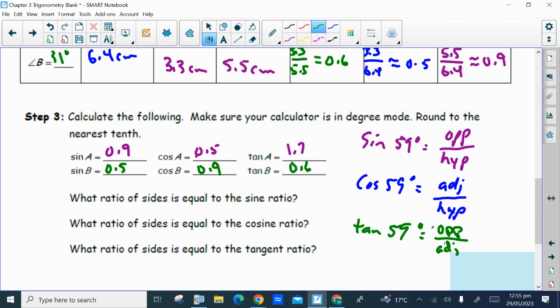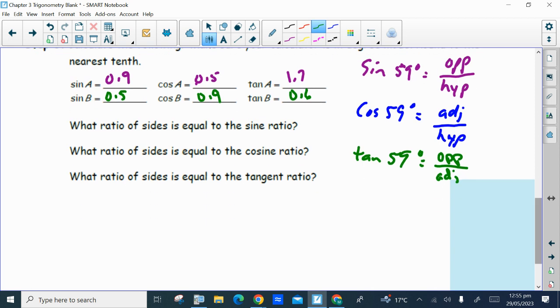So what this tells us is what the definitions are for sine, cosine, and tangent. And this is what SOHCAHTOA is used for.